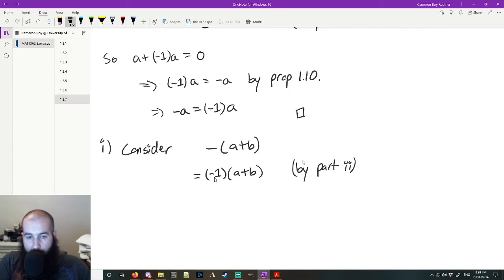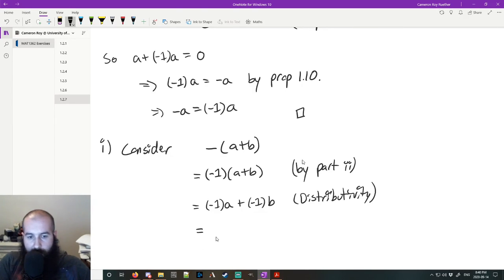Now, we can distribute this negative 1. This is distributivity. And now that we have negative 1 times a, well, that looks a lot like this. And negative 1 times b is similar, but with b's instead of a.